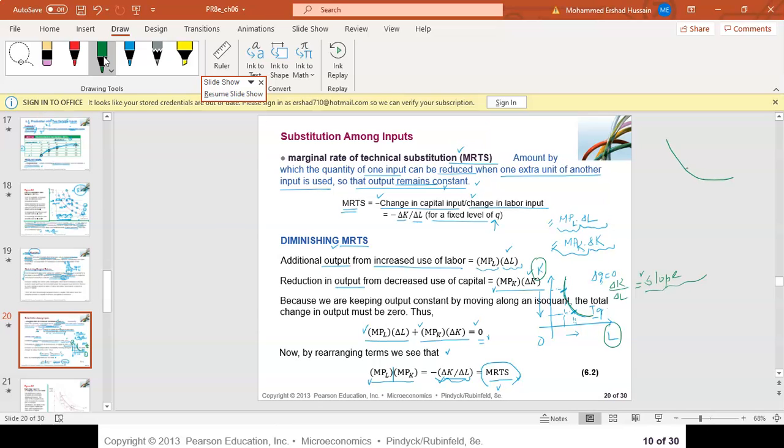I draw a tangent to measure the slope. Delta K is on the K axis, and delta L is on the L axis. So MRTS, the marginal rate of technical substitution, is delta K over delta L, which we have shown is also equal to this ratio of marginal products.